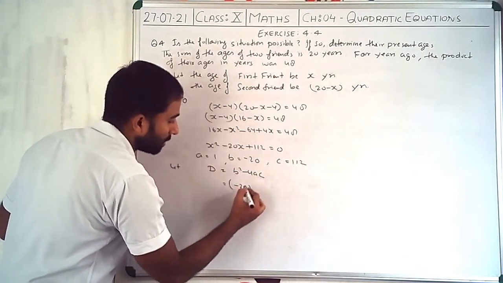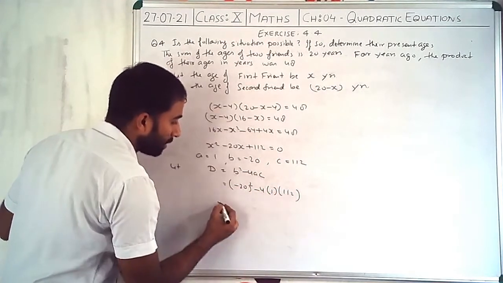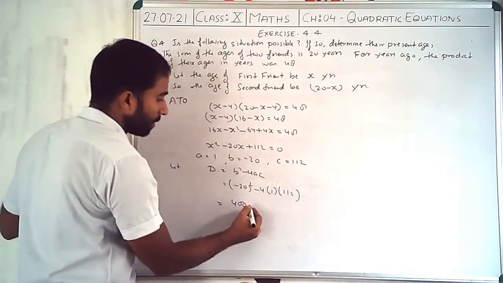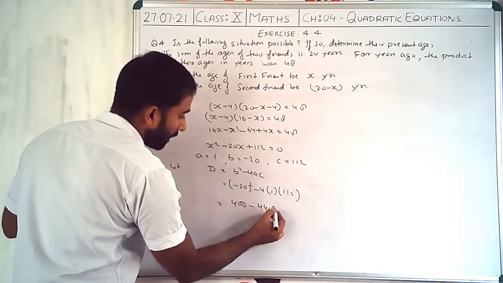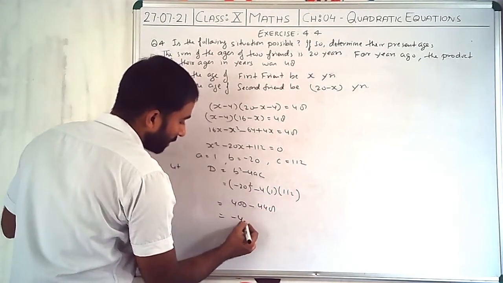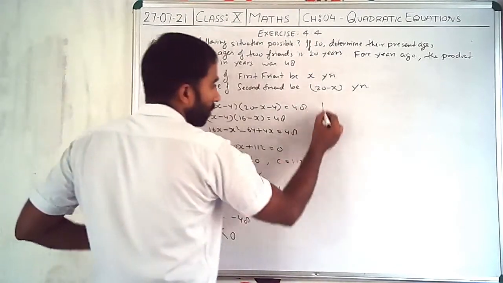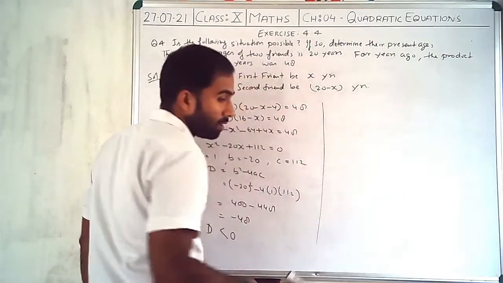Minus 20 square minus 4 times 1 times 112. 20 square is 400 minus 448. Now you can see here minus 48. So D is less than 0. Now you can write the situation is not possible.